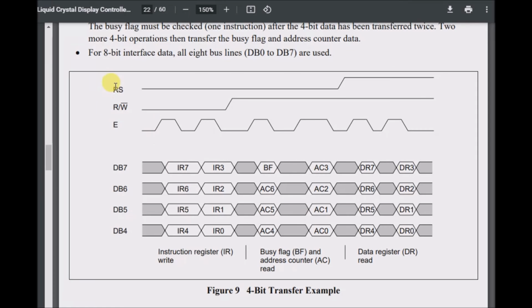RS, register select, goes from low to high, I guess something's going on here as well. RW goes from low to high, and the enable bit is going low and high. And DB7, DB6, 5 and 4.